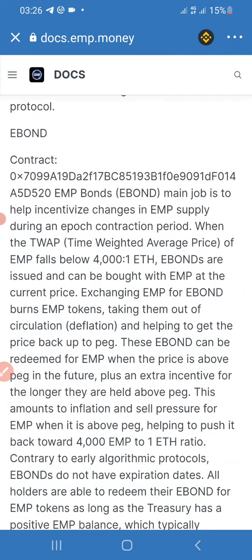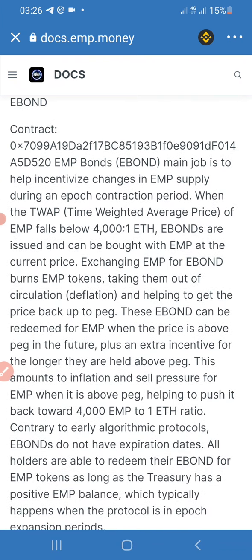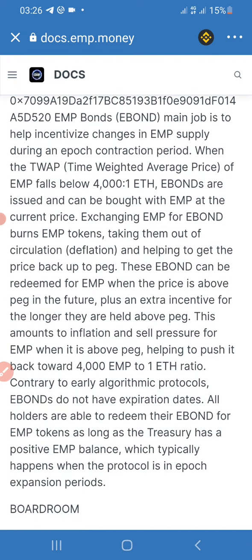Now maybe it's now 0.8. Now what the platform will do is help you adjust to that volatility, or maybe there's a bear market and the people are selling a lot of the coin, and how do they want to go back to peg? This is what they will do.